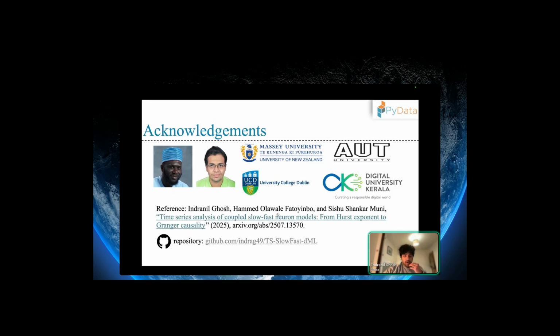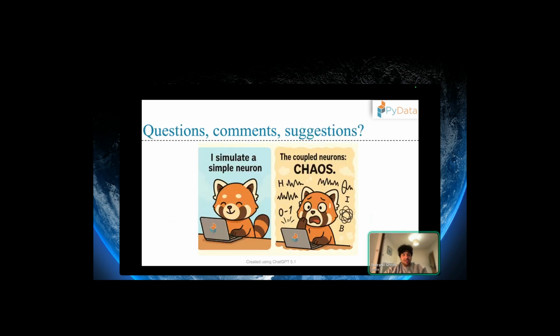There is a repository along with the paper, but you can also refer to the repository that I shared today. It's the same thing, but the shared repository for today is the cleaner version, I would say.